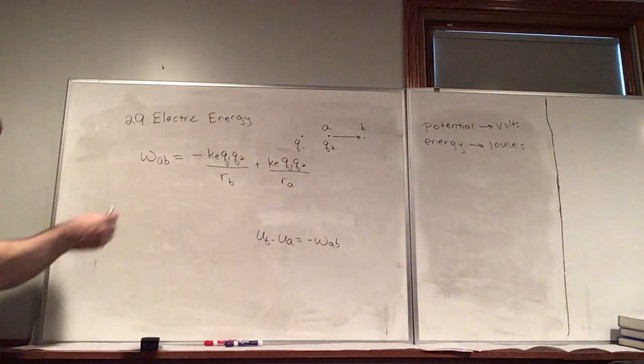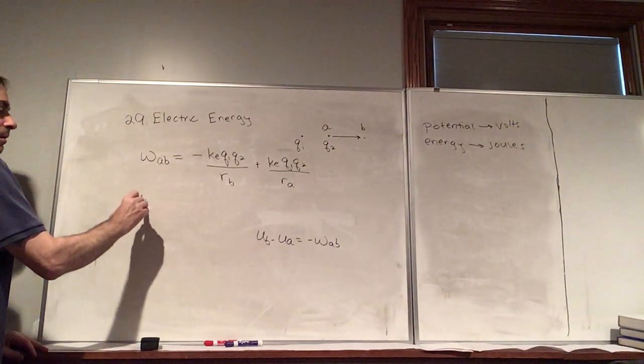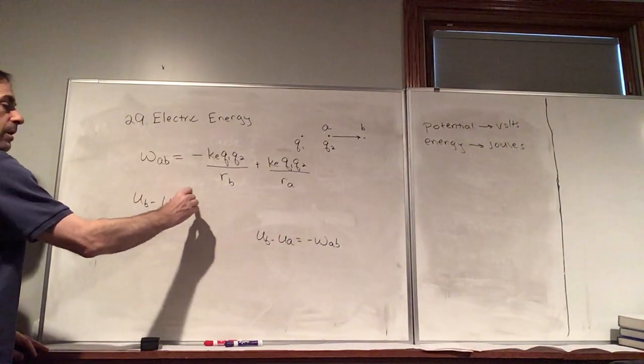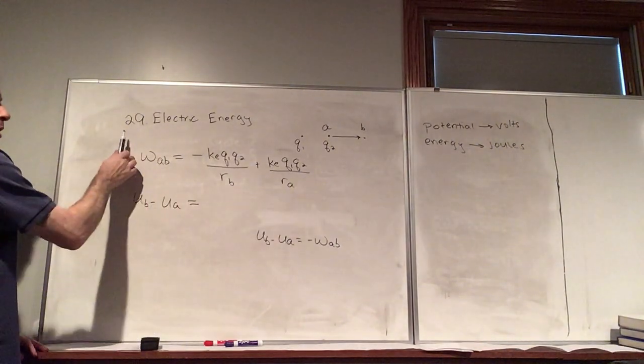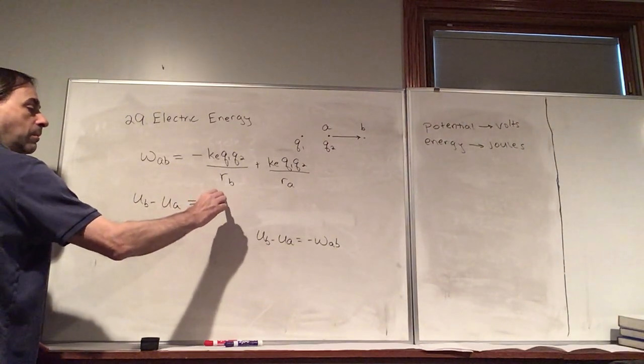The potential energy at B minus the potential energy at A is equal to minus the work. So minus this, and this would be a positive term.